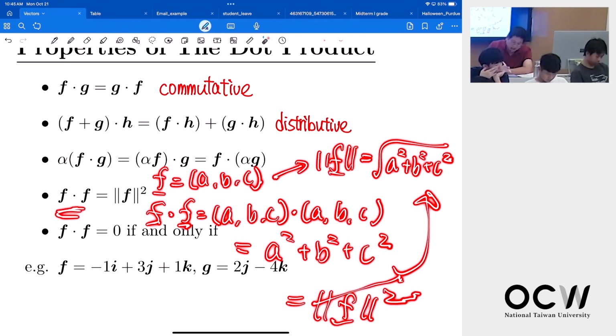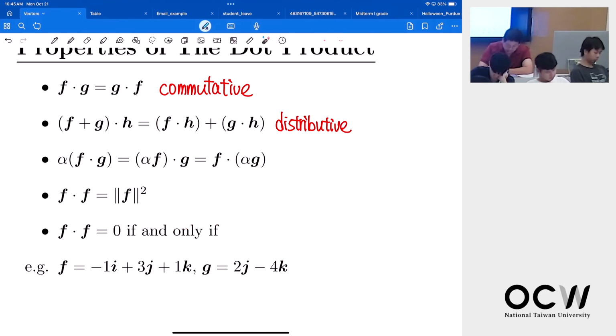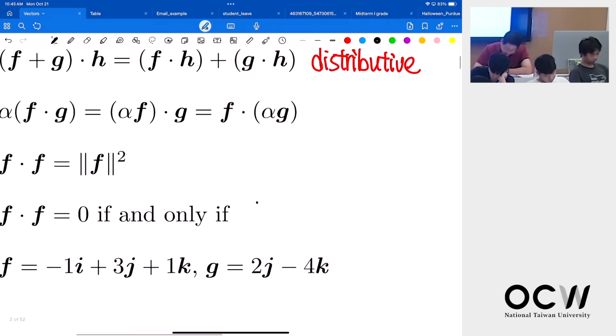Then I know that if you dot yourself, you get the norm square. But if the norm square is 0, what does that mean? F dot f, the same vector, and after doing the dot product, I have a 0, and it is a scalar. That means only when f, this vector, is 0.